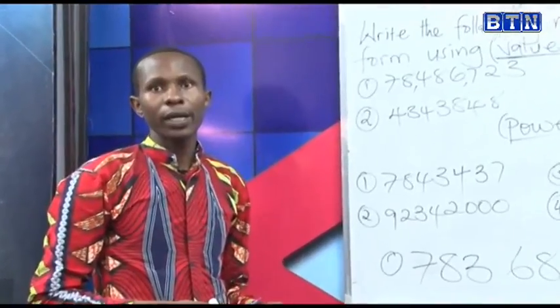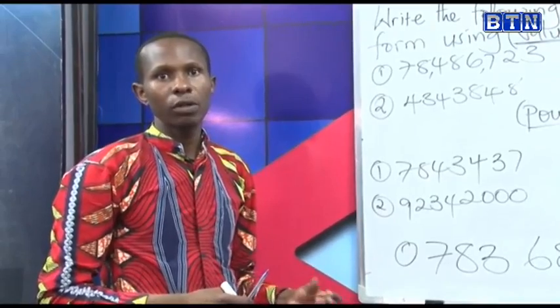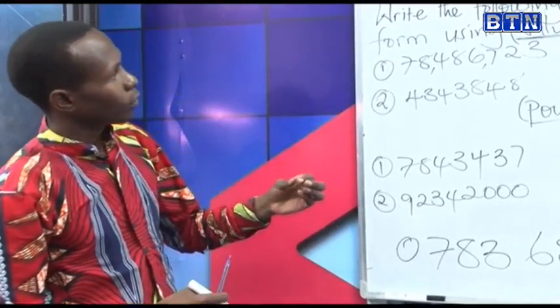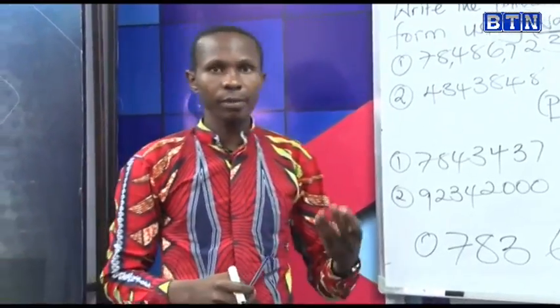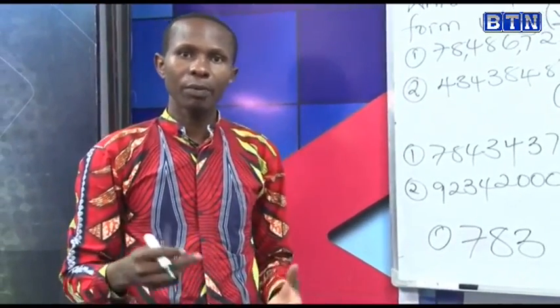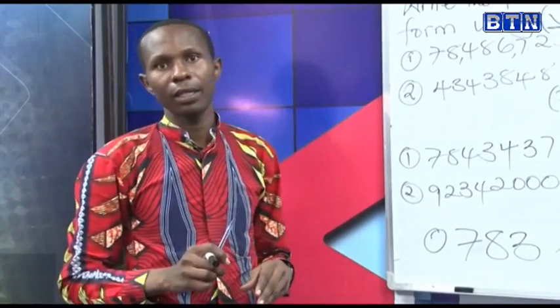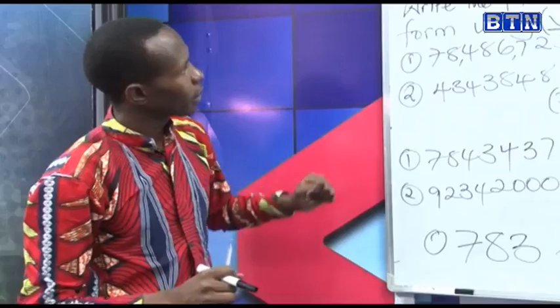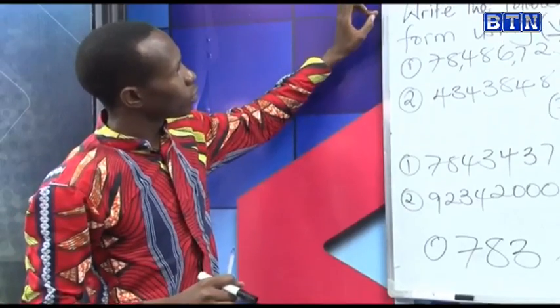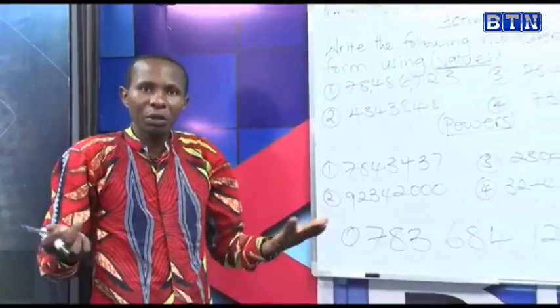So as we wind up with the lesson, I would also wish those candidates and semi-candidates, those who are in upper primary, who have been following us, I expect you to be having somewhere where you are writing something. As you're writing, I would also expect you to do this activity in your book.